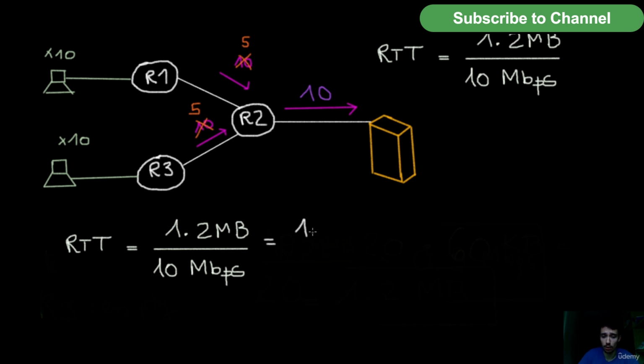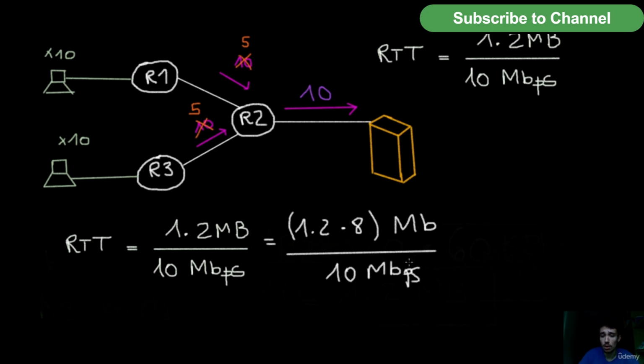So this is 1.2 multiplied by 8, and this is the value in megabits. Here on the denominator we have 10 megabits per second. However, we can simplify the prefix mega, which we know is 10 raised to 6, in both numerator and denominator.